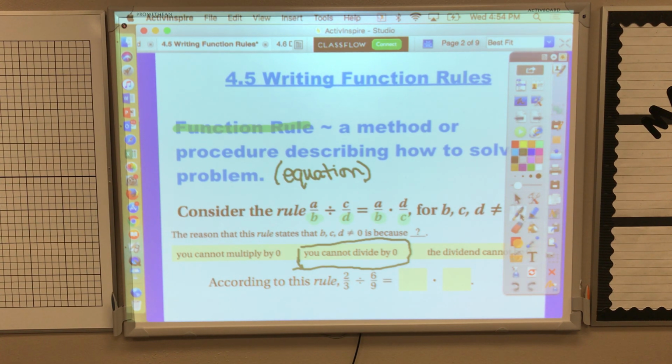So according to that rule, if I'm taking 2/3 divided by 6/9, it's the same thing as taking 2/3 times that reciprocal of 9 over 6. Okay? A rule. So a rule for how to solve the problem.